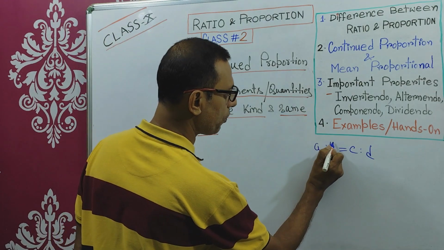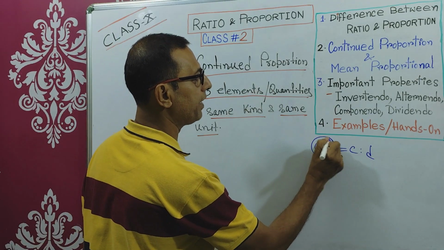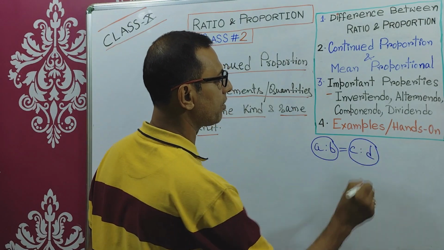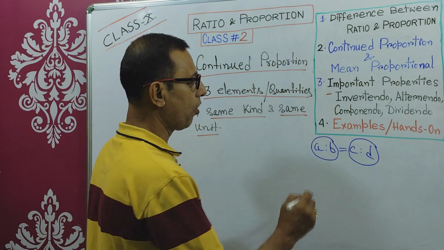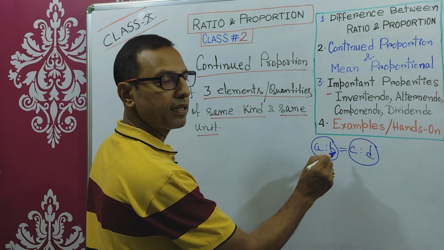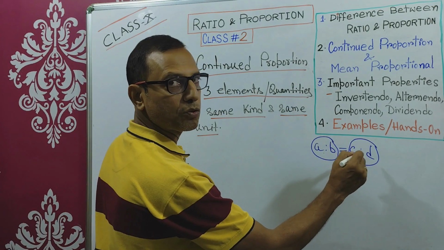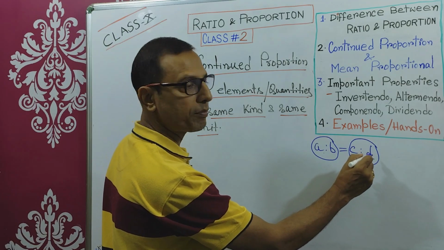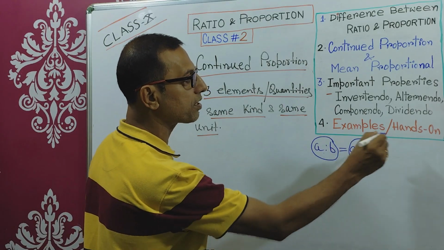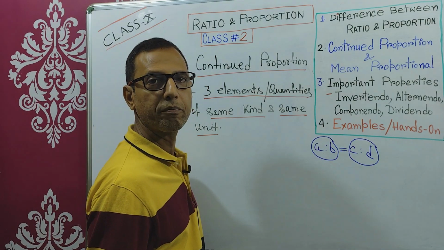As per the definition or property of ratio, A and B are of the same kind and same unit, whereas C and D are also of the same kind and same unit, but not necessarily the same as A and B. The ratio of A and B is the same as the ratio of C and D, but it doesn't mean the kind has to be the same for both ratios.